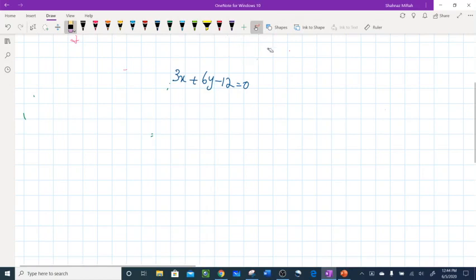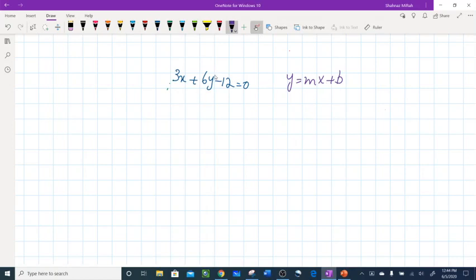How in the world can I find the y-intercept and slope? I can't, because it's not in y equal mx plus b form. Y equal mx plus b is the only form where I can tell clearly, that's my slope, that's my y-intercept. So I will change this into this form.